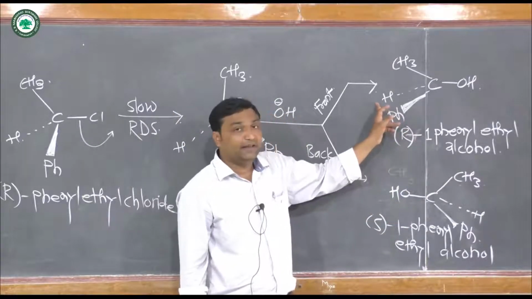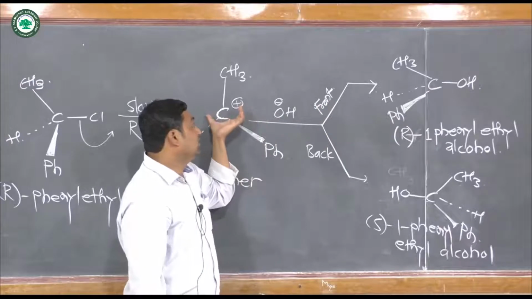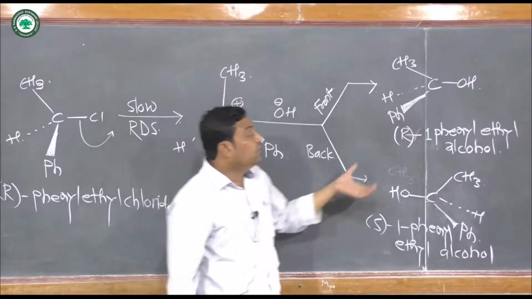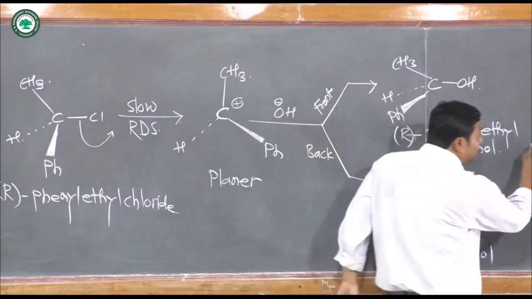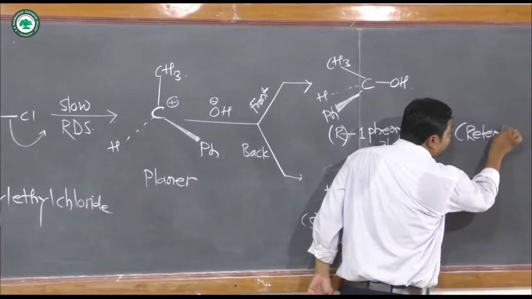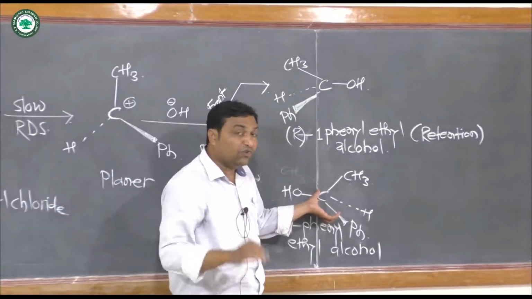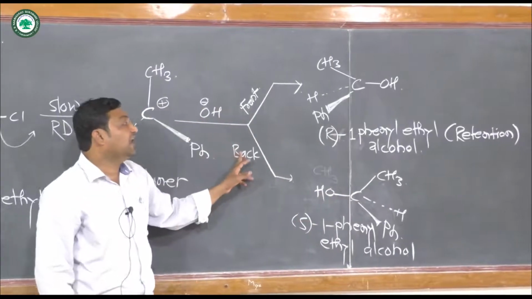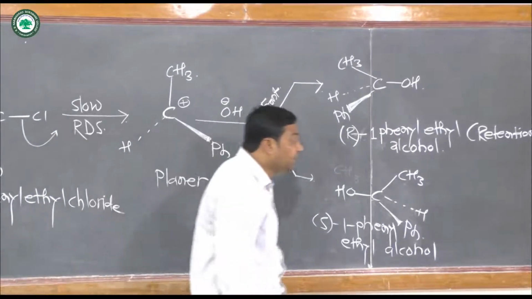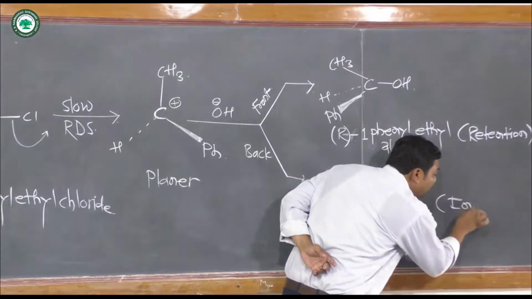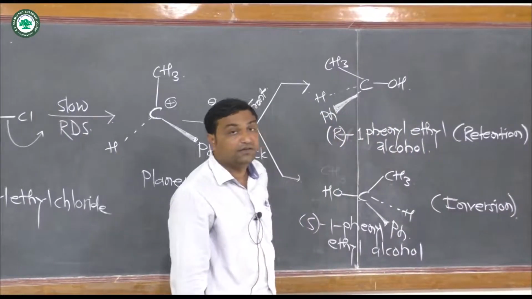In this first step, when the nucleophile attacks from the front side on this planar carbocation or carbonium ion, we obtain this R product, which is due to retention of configuration, whereas the second product, which is obtained by the backside attack of the nucleophile on this planar carbocation, shows inversion of configuration.